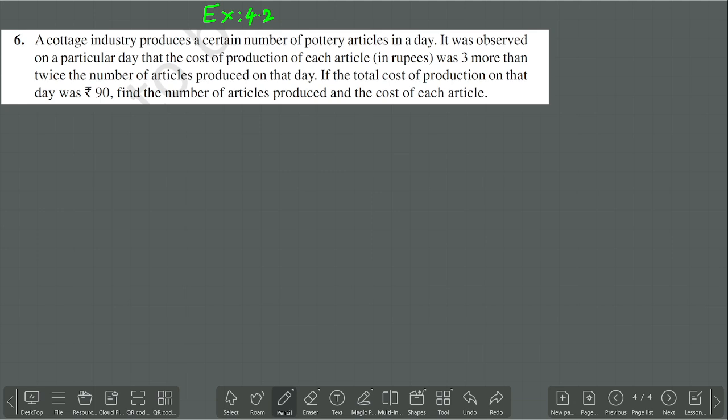Okay, right. So a cottage industry produces a certain number of articles in a day. Then what we have to assume is the number of articles produced. That means the number of articles we have to take as x.